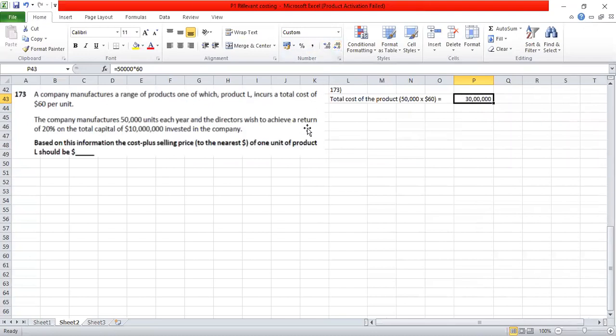The directors wish to achieve a return of 20% on the total capital of 10 million. Based on the information, the cost plus selling price of one unit of the product. Cost plus selling price. First, let's find out what is the profit margin. Calculate that.